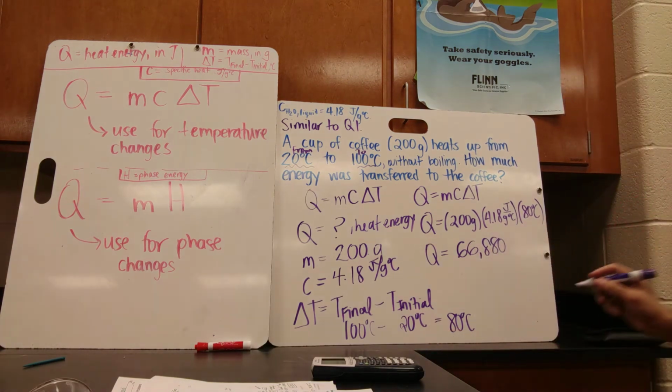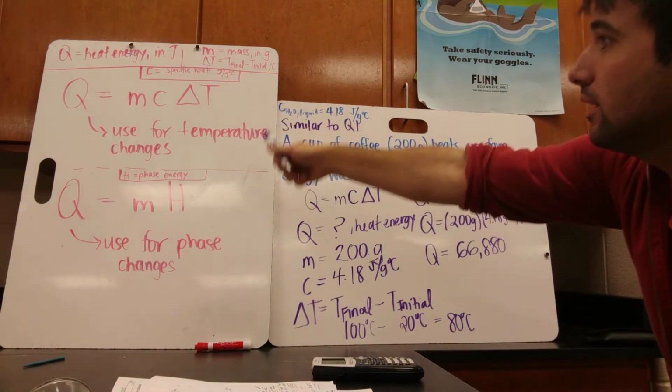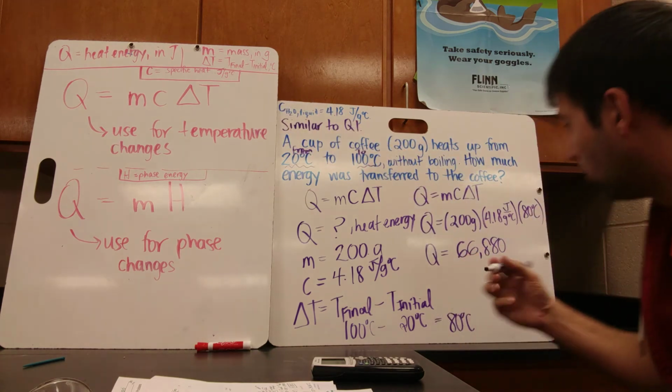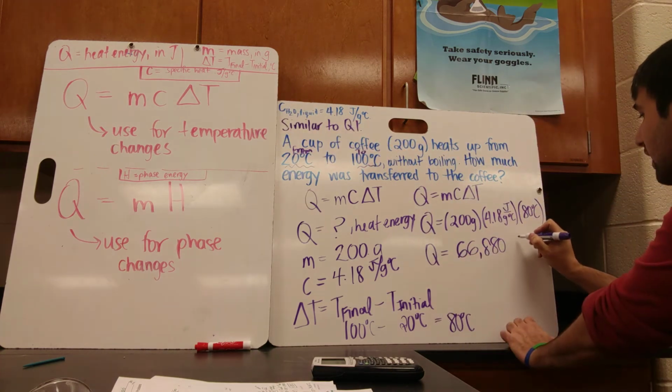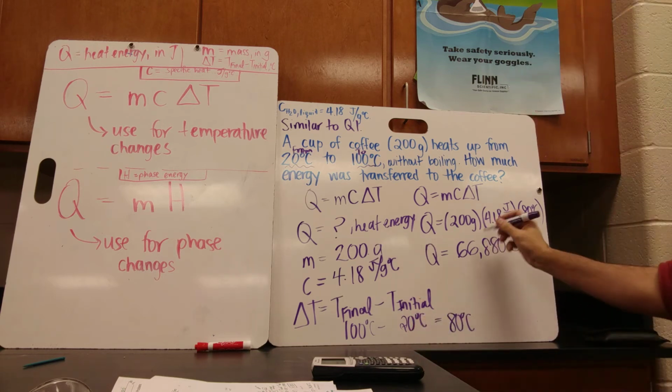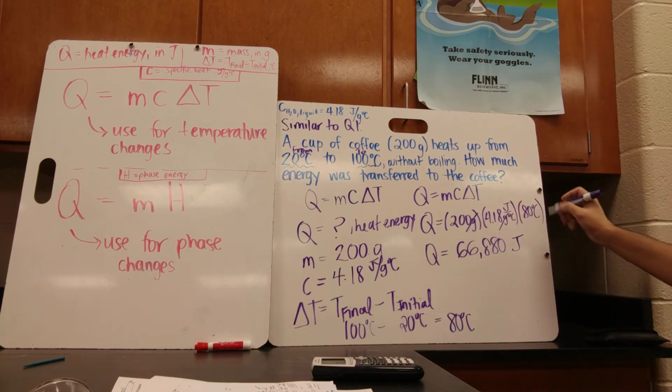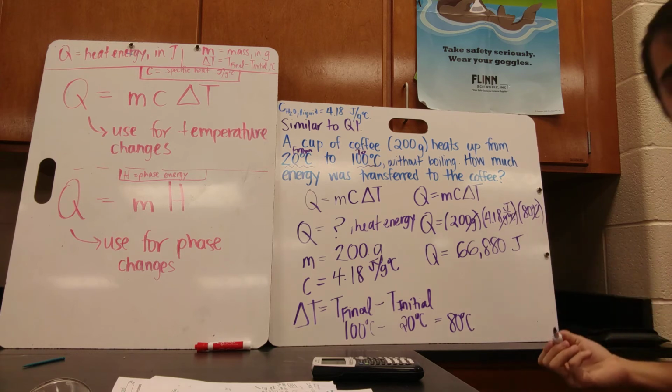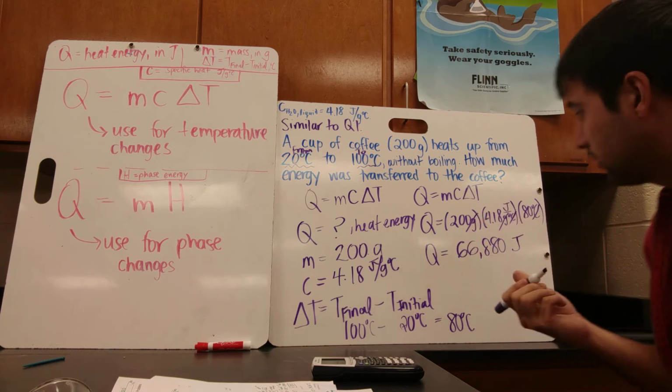My units are going to be what for energy? My unit for energy is joules. So 66,880 joules. And if you weren't convinced that I got joules, grams cancels out with grams, degrees Celsius cancels out with degrees Celsius, and I'm left with joules.